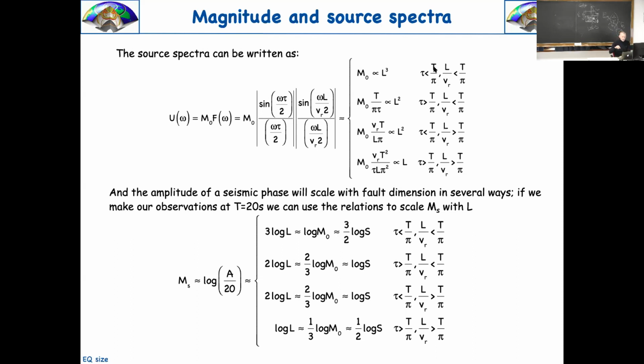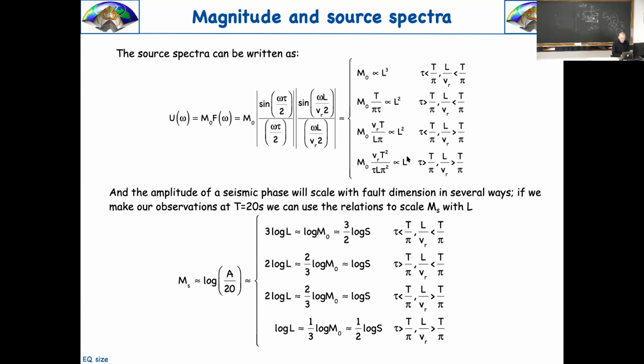Omega is 2 pi over T, so that is T. So I've just been rewriting that expression in a different way. But now if you give a look to M0 and these times here, you can separate these 4 different domains, and you would have different scaling laws, for example, with length. So the first part of this picture is nothing else than a rewriting of the last one.